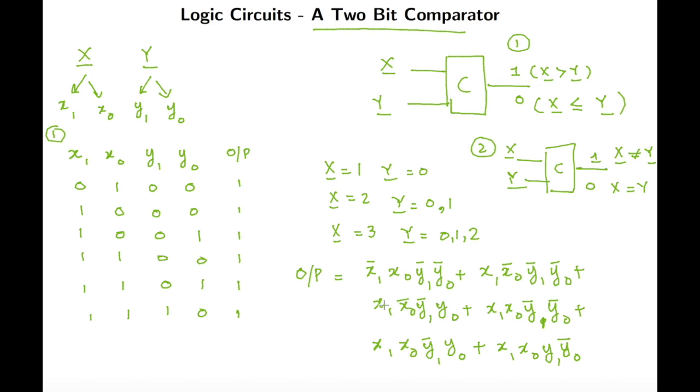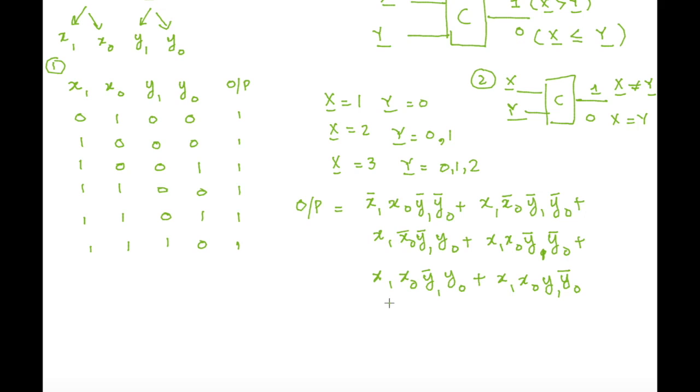Okay, now let's say we have this. Let's combine this guy, this guy, this guy, and this guy. Note that here we have x1, y1 bar in each of them.